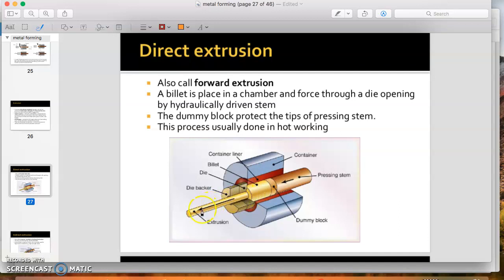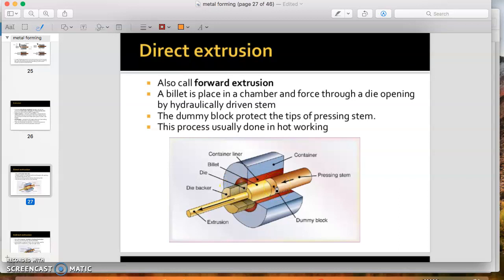This is the workpiece, the billet. This is the die and the die backer.